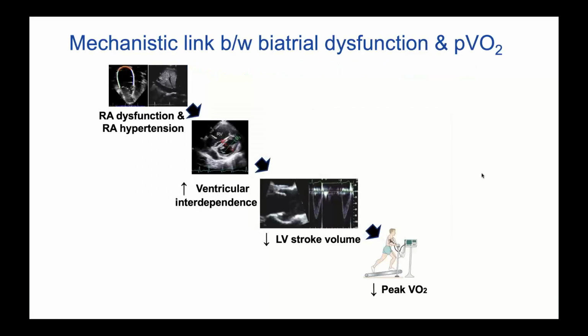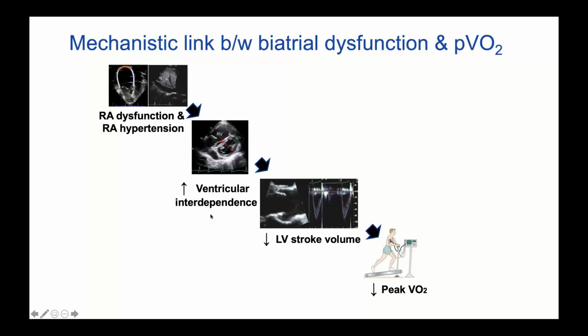So what we observe from measuring those indices at 3 different time points is that the initial insult starts from the right atrium. There is a drop in RA strain and an increase in RA pressure, which then leads to worsening ventricular interdependence because of pericardial restraint, so a higher LV eccentricity index.